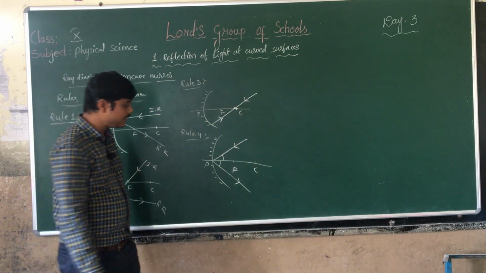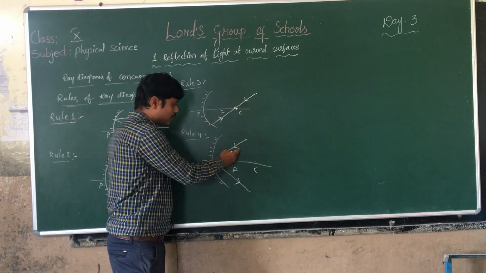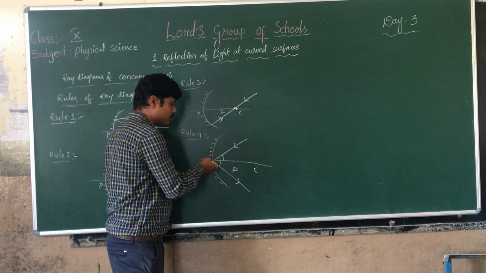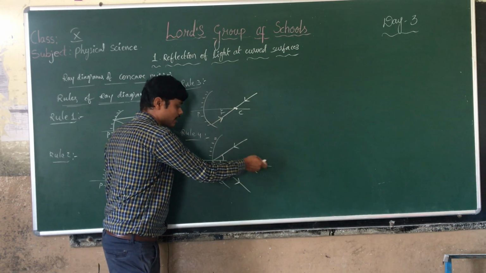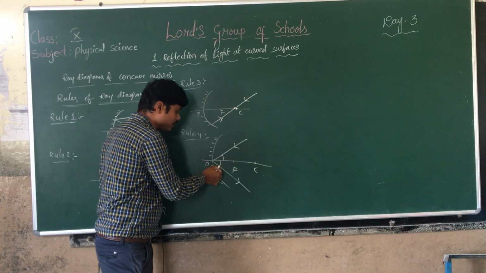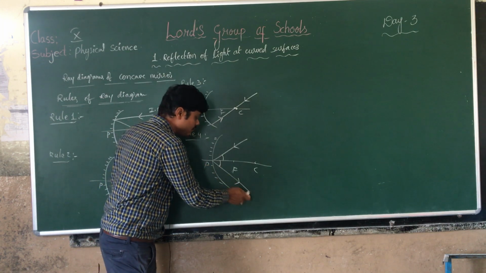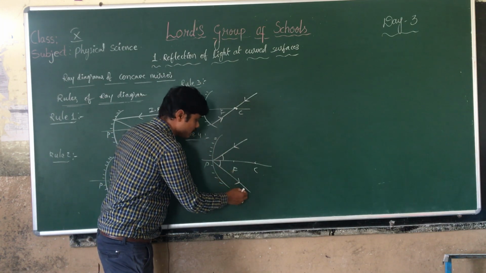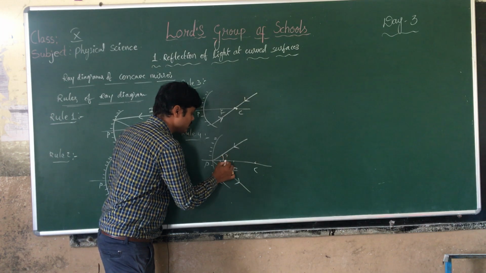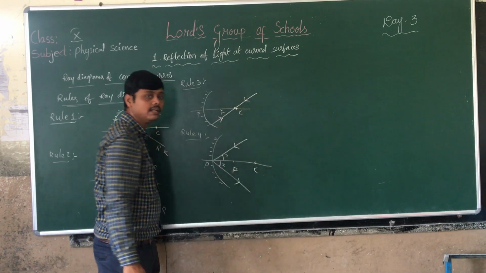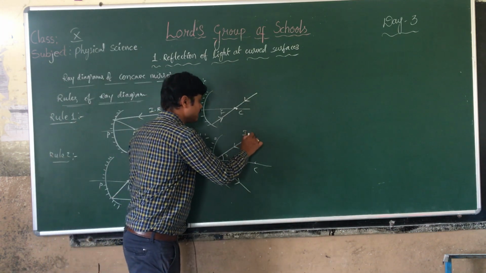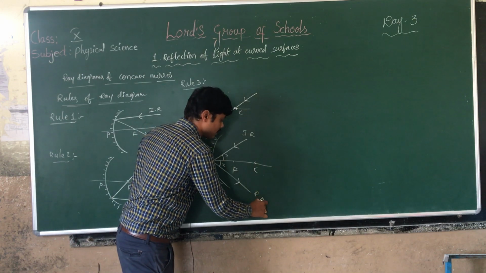So we need to draw a light ray here. Whatever the angle it makes with the principal axis, also called the normal line, the same angle you have to draw for the reflected ray. Suppose here the angle is x, compulsorily here also the angle must be x. Now this is the incident ray and this is the reflected ray.